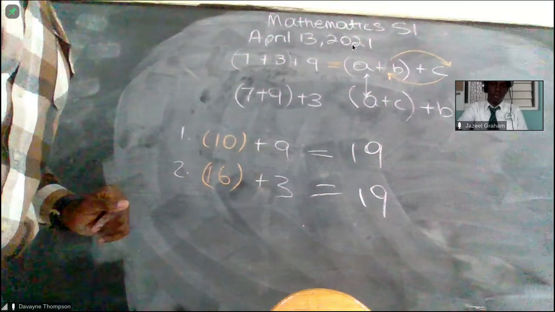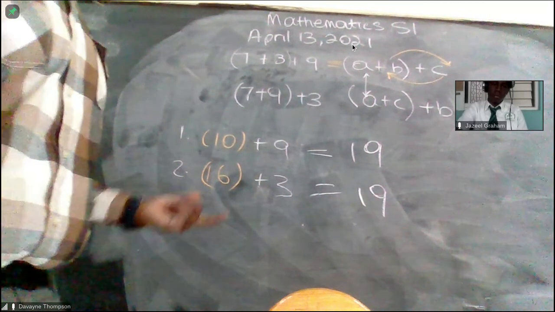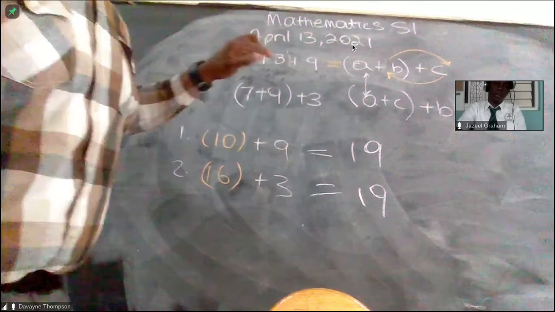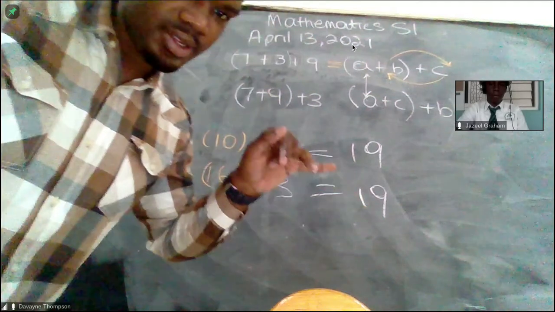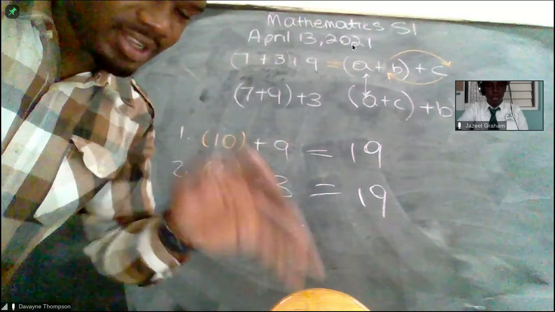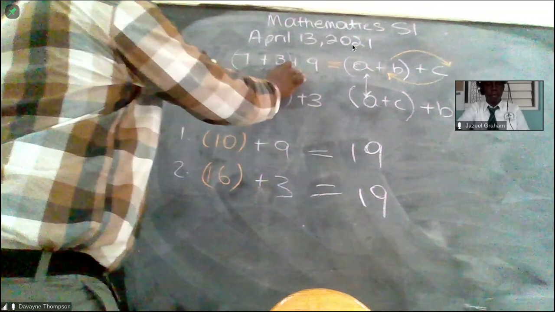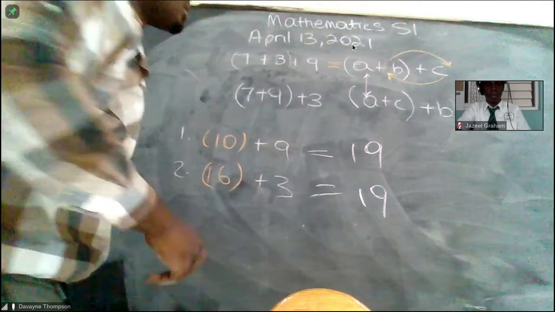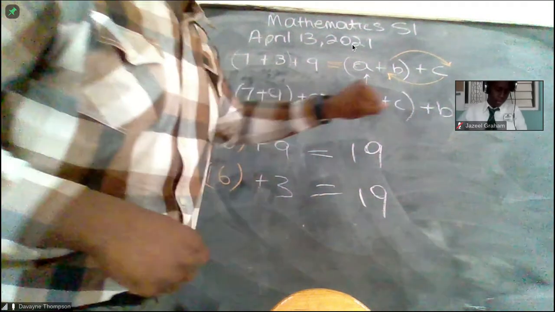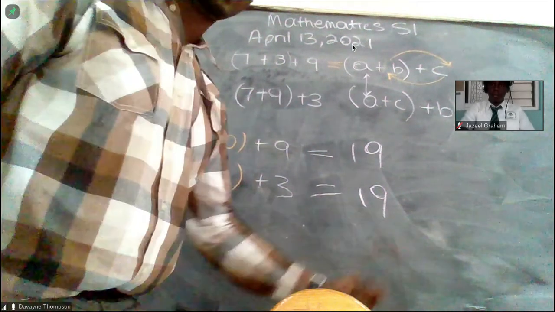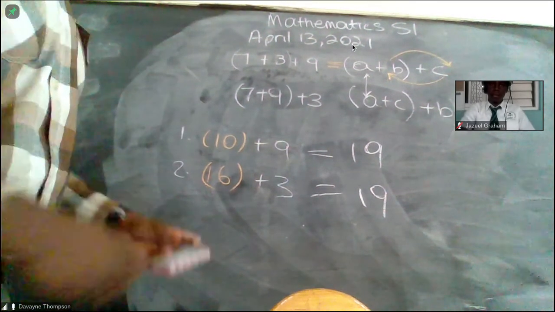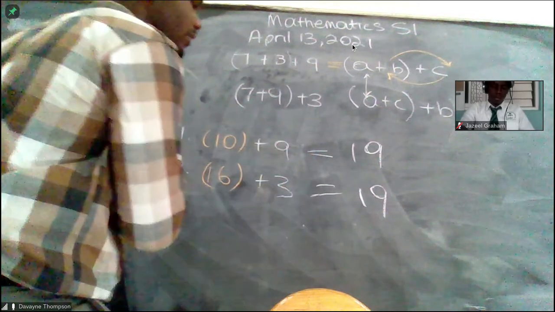Associative. Are you sure? Yes, sir. Alright. Because associative deals with grouping numbers, so you can group the numbers separately and still get the same answer. That is associative law.